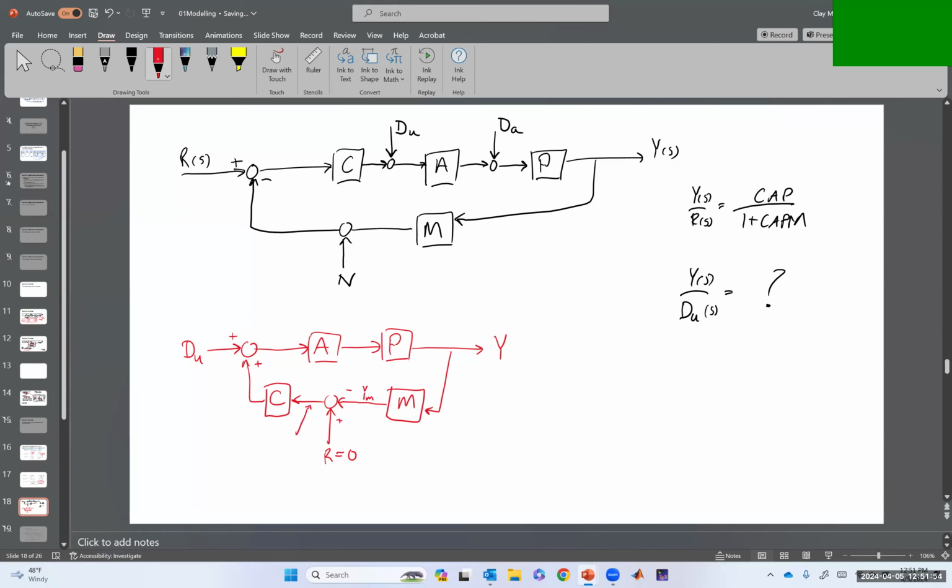Yeah, the negative of Y measured, because it is literally 0 minus Y measured, because I set R equal to 0. Okay, so that means, and how should I best do this? I'm going to take this whole mess and replace it with a multiply by -1 gain.